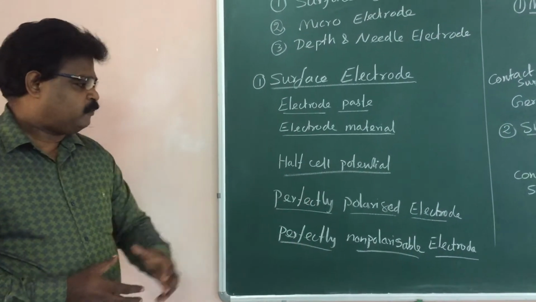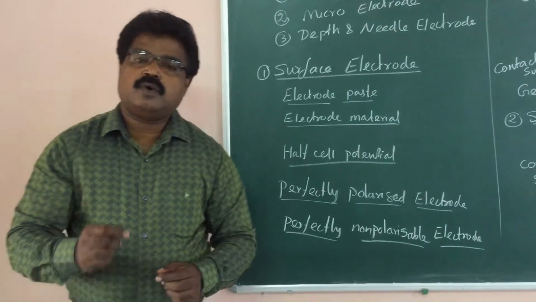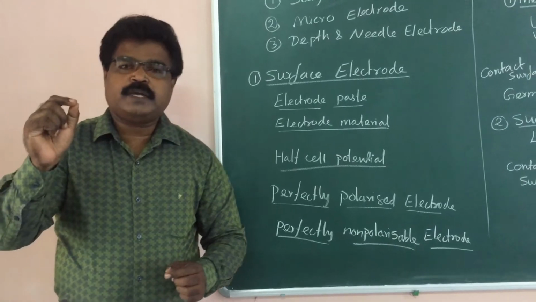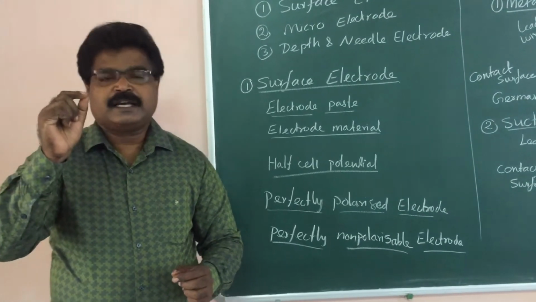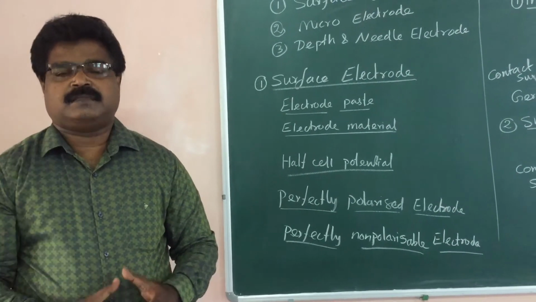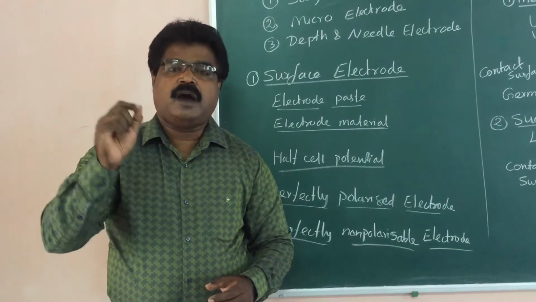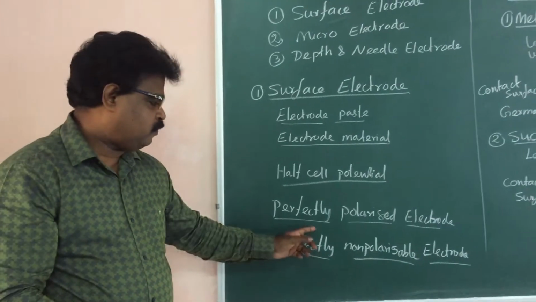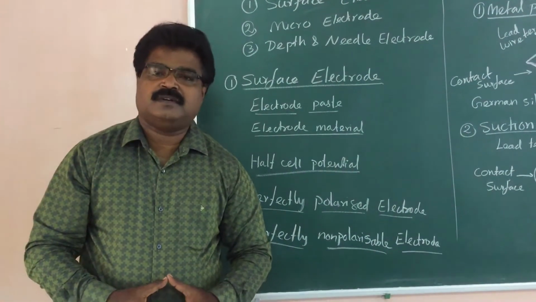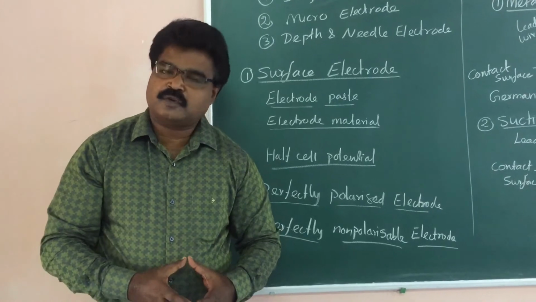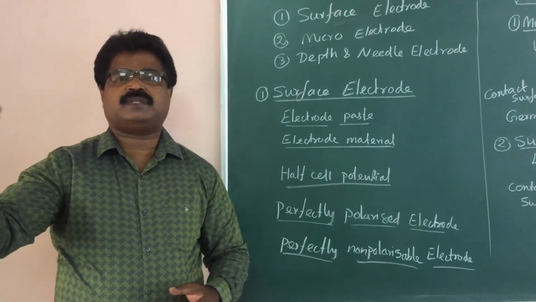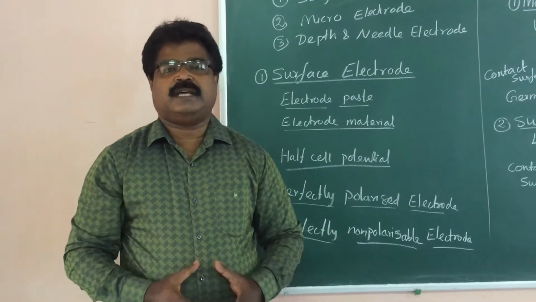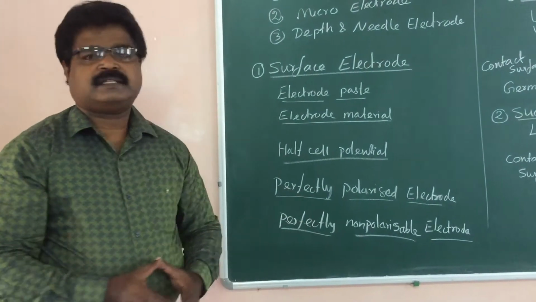Now, the perfectly polarized electrode. There is no net transfer of ions through the metal electrode and electrolyte interface. In a perfectly polarized electrode, there is no transfer of ions from the skin or body to the metal electrode.